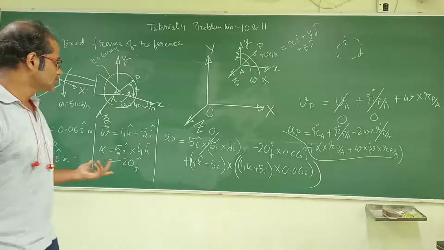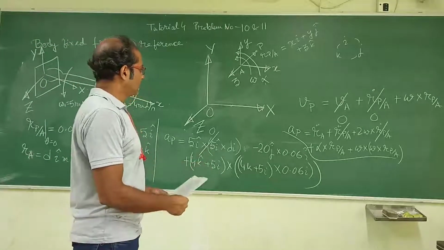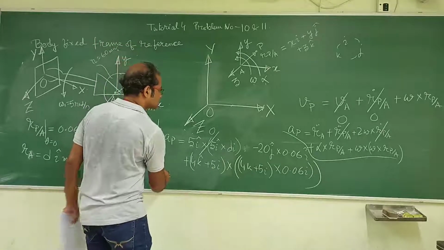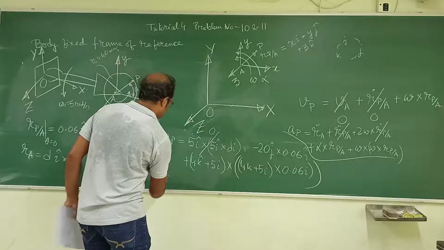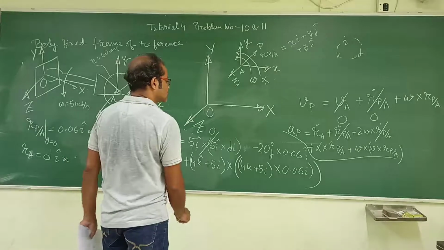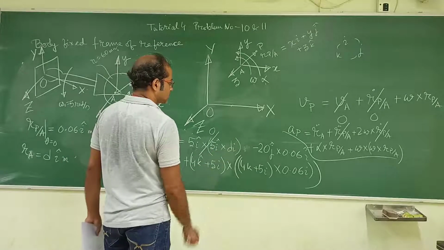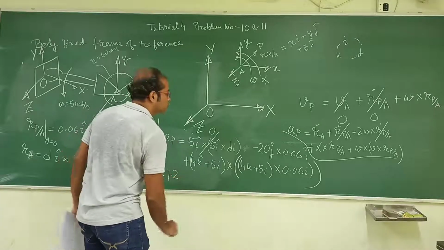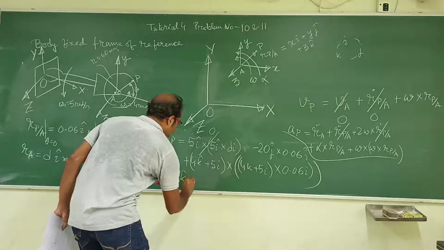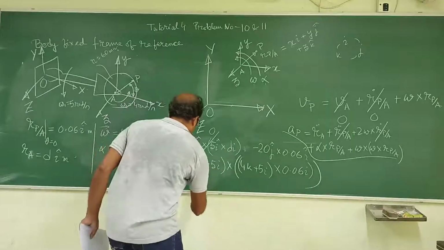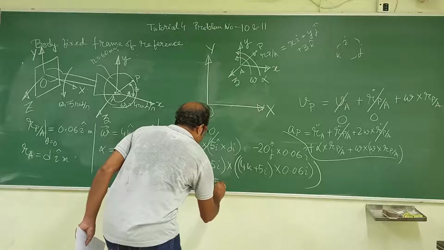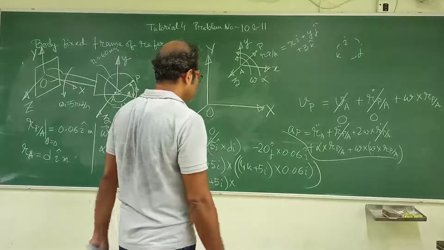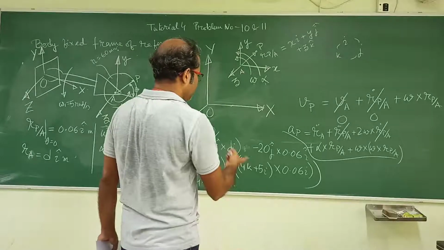Okay, sure. So this is the thing. Now let's do one thing. Minus k and clockwise. So 26, 1.2 k plus 4k plus 5I cross 0.06 I k.